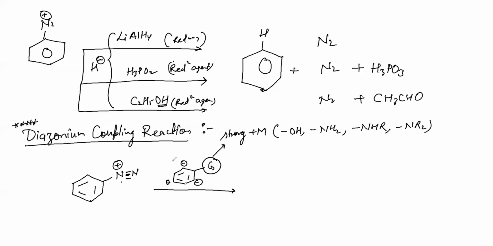Now what happens? This minus eventually attacks here and this bond is broken like this. As you said, now this is more electron deficient. Temperature is kept 0 to 5 degrees Celsius, not more than that. If you increase the temperature, the reaction will not take place.